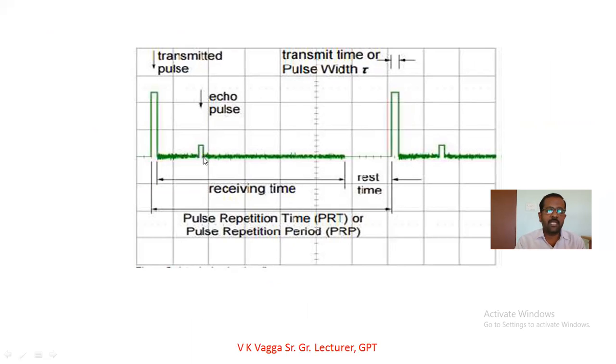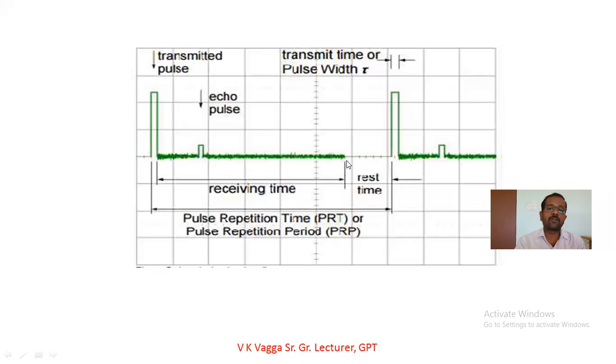If it is received within the receiving time, it is assumed to be a very good echo, and it can be accepted as it is. If the first echo occurs after transmitting the second pulse, and you assume this as the echo of the first signal, it is called an unambiguous range.